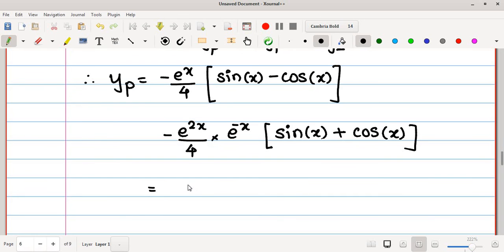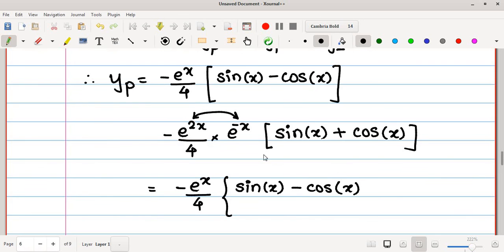If we simplify these two exponential functions, it will be e raised to x upon 4. So we can take minus e raised to x upon 4 as common from both the terms. Here we have sin x minus cos x. Now since this minus sign is taken common, it will be plus sin x plus cos x.